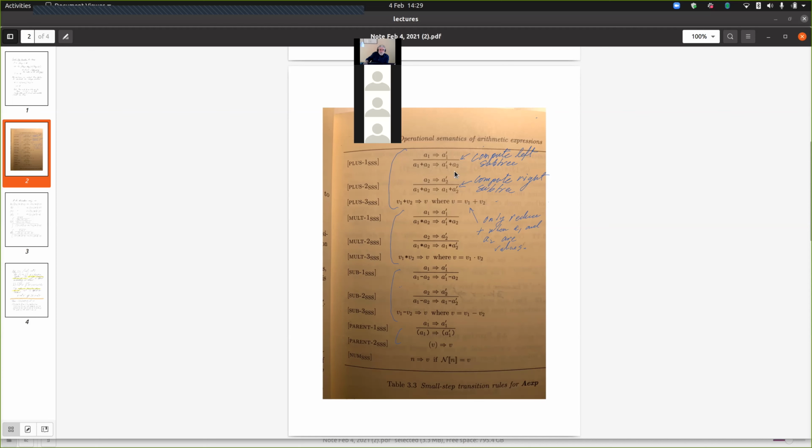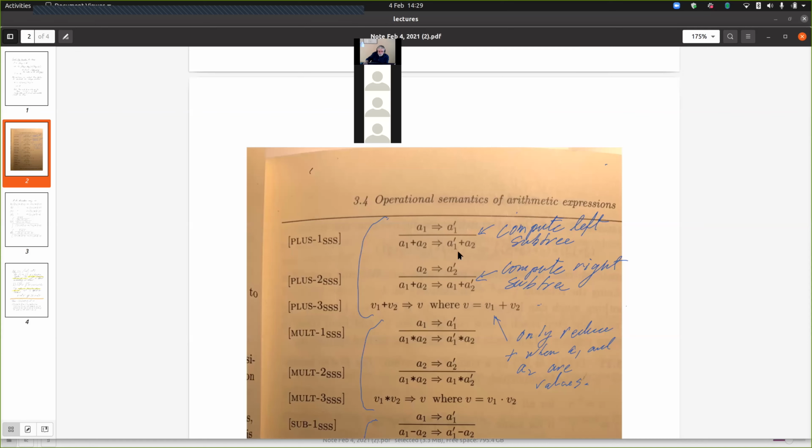You can see the difference between the plus in the syntax here and the mathematical plus. These are still just syntactic symbols, and this over here is a mathematical symbol in the domain of integers. It's real addition.